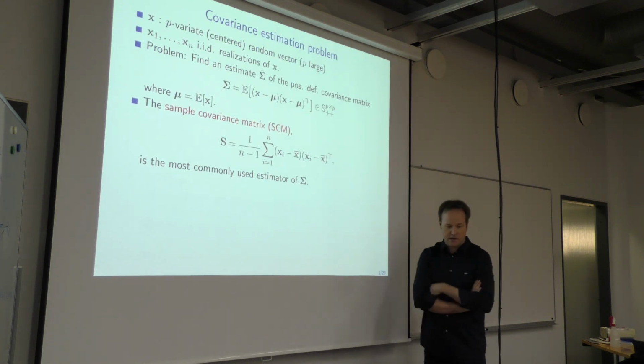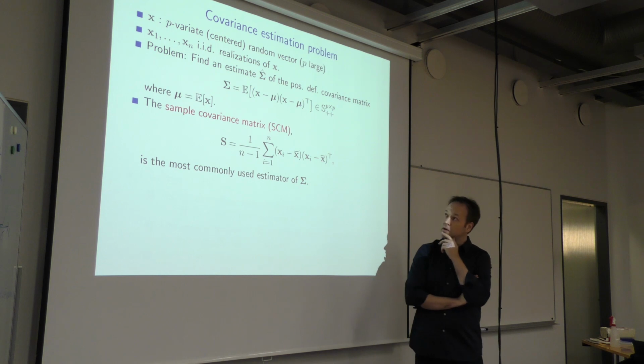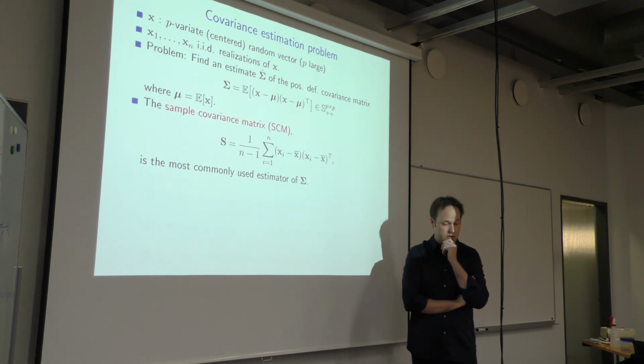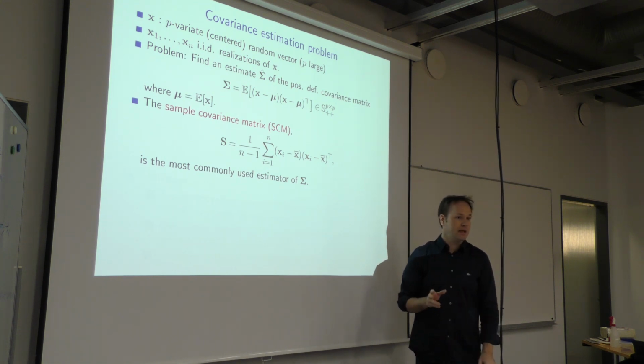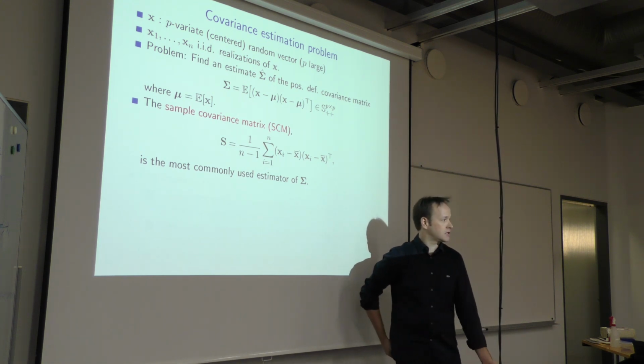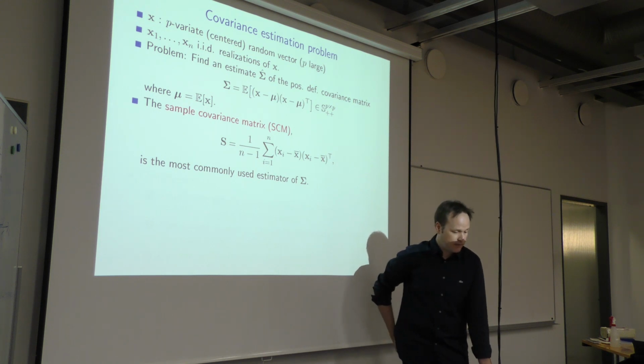So the covariance estimation problem that I'm going to talk about today is as follows. We have a random vector x, which is p-dimensional, and we think that this p, the dimension, can be large. And we have n samples, IID realizations from that distribution.